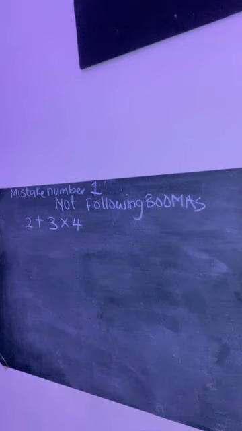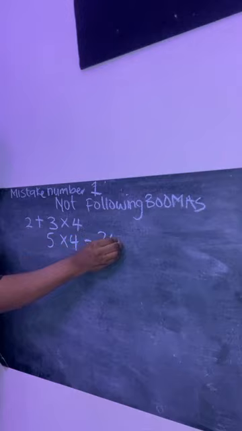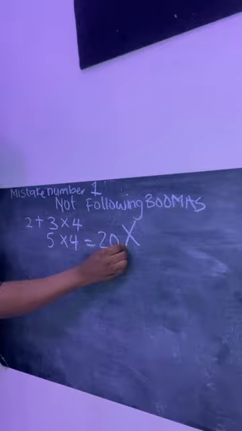Many students solve equations from the left to the right without following BODMAS. So let me tell you how many students would actually solve this. 2 plus 3, that is 5, times 4, and that is 20. And my dear, this is wrong.